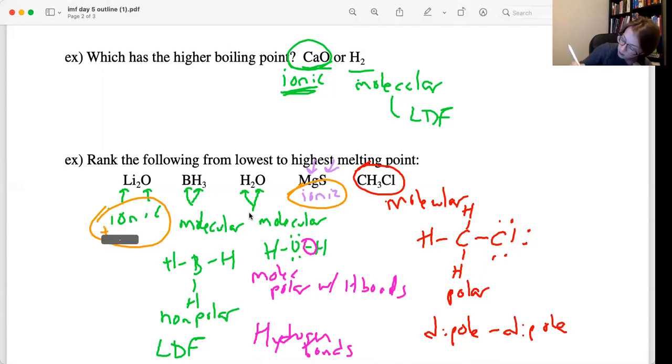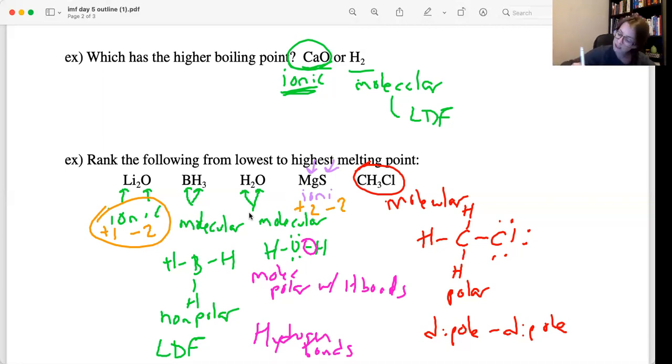Here for lithium, we're looking at a +1 and oxygen's a -2. For magnesium, we're looking at a +2 and sulfur's a -2. So the +2, -2, those are bigger charges than the +1, -2. That makes it stronger.